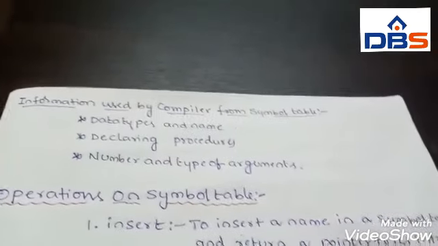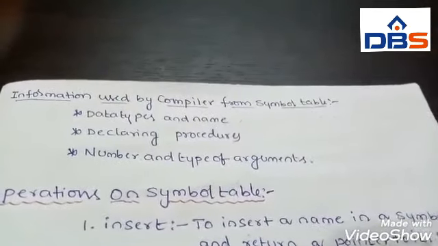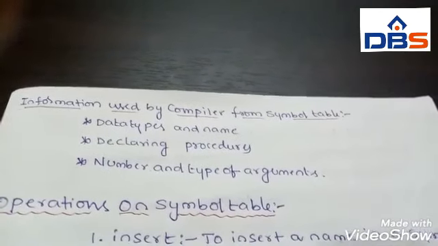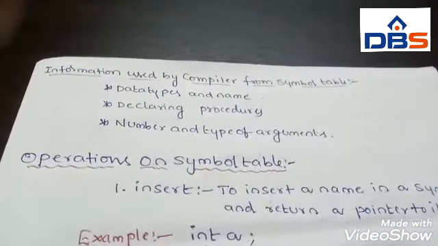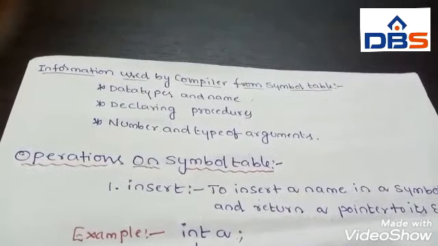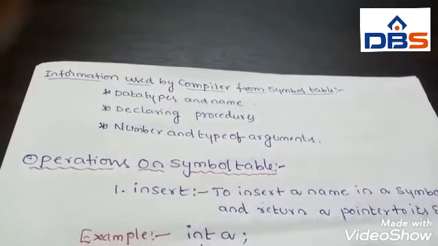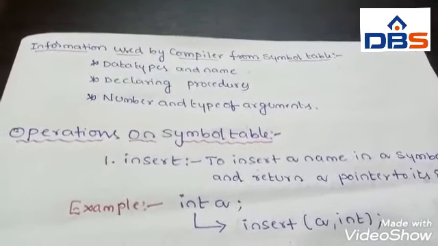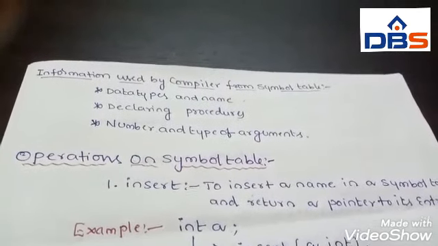The various information used by the compiler is: first, data types and a name; next, declaring procedures; next, offset in storage; next, if structure or record, then pointer to structure table; next, for parameters, whether parameter passing is by value or by reference; next, number and type of arguments passed to a function; and finally, base address.